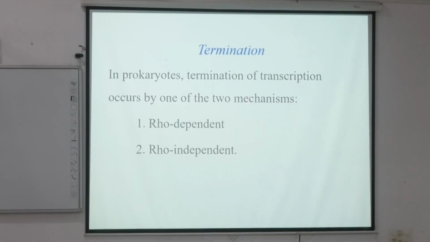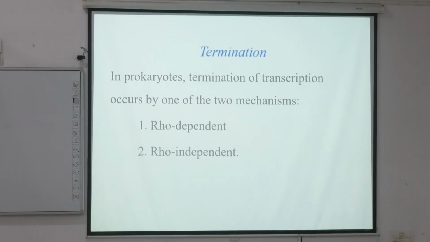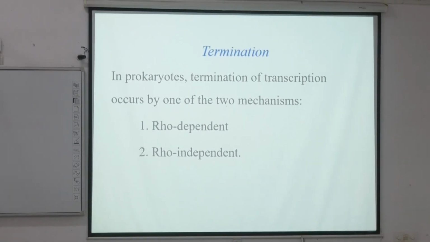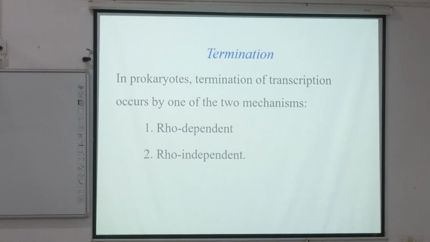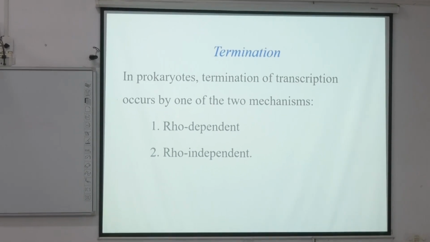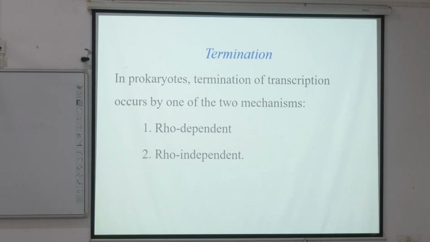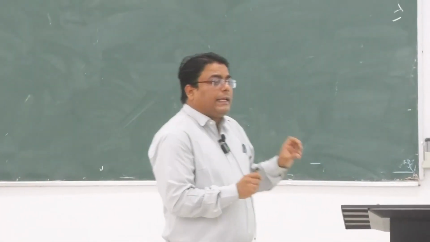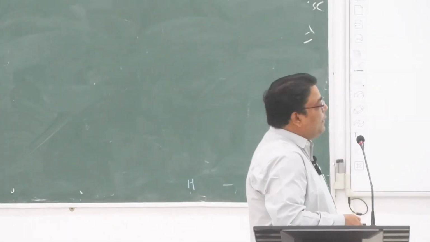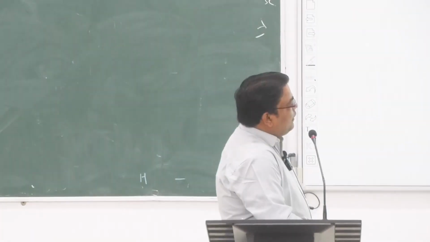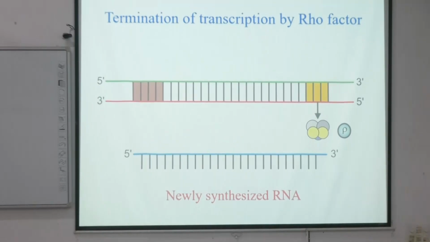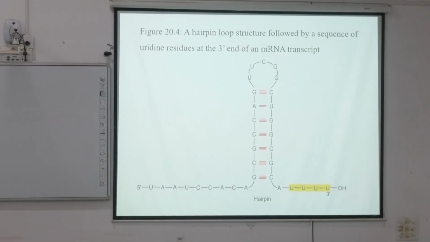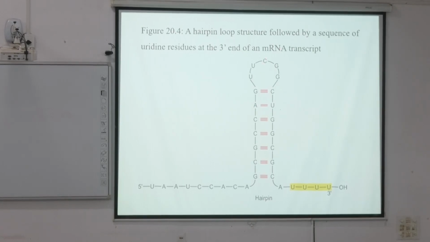Termination. In prokaryotes, termination is basically of two types of mechanisms. The first one is rho dependent, the second one is rho independent. Rho is a type of protein which has helicase activity. So what happens, you will see there, it is newly synthesized RNA and it forms a hairpin loop structure.